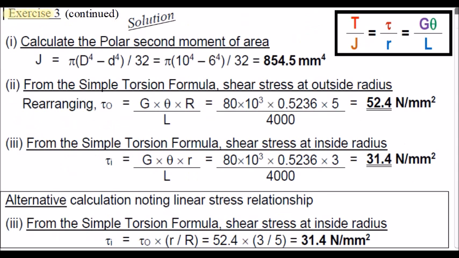Exercise 3, solution continued. Obviously the first thing we need to do is to calculate the polar second moment of area, J, for a hollow section shaft here. Evaluated as 854.5 millimeters to the 4.